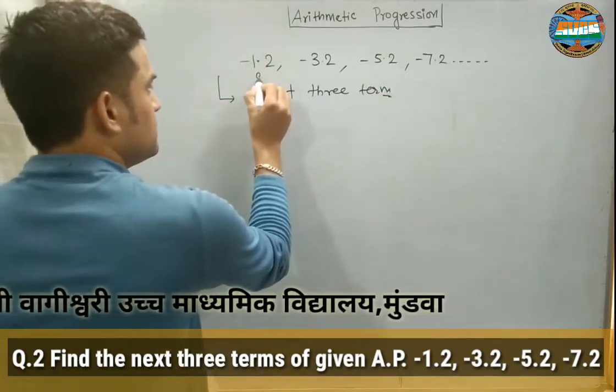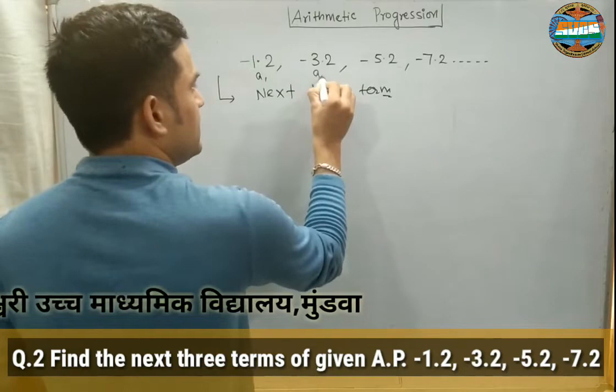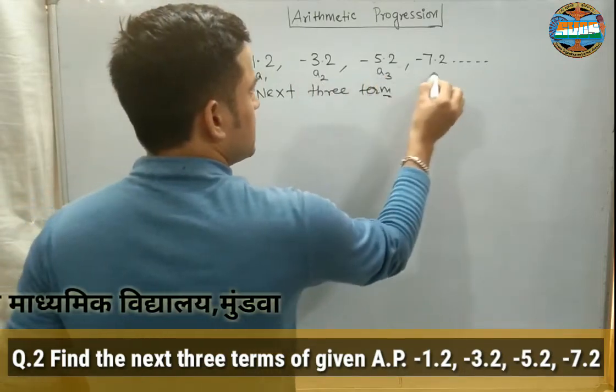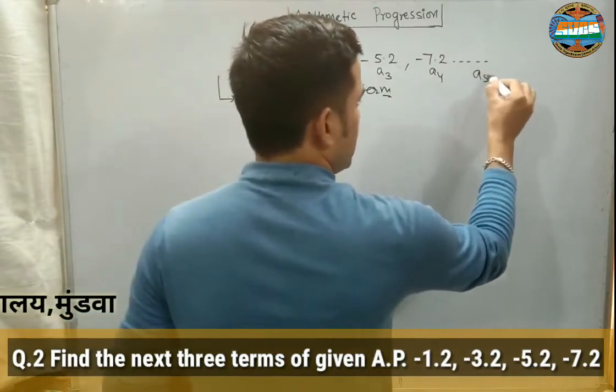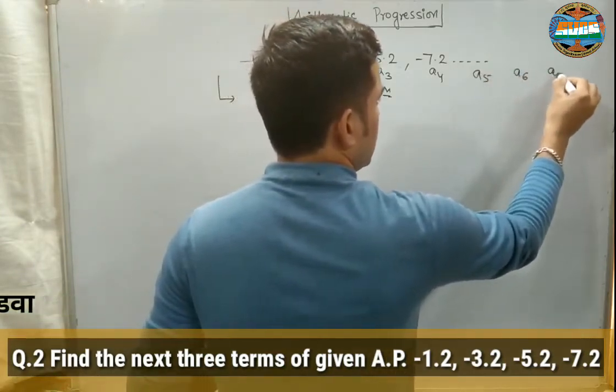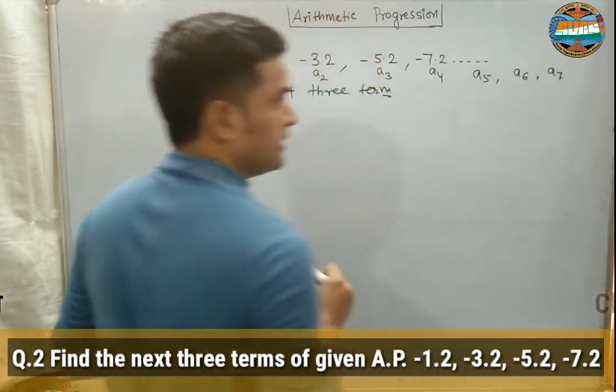This is the first term, this one is the second term, this one is the third term, this one is the fourth term. The next three terms are A5, A6 and A7 that we find.